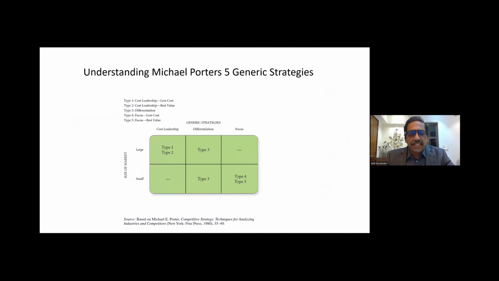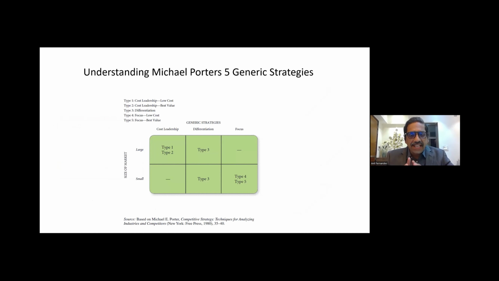If you look at this grid, you can see that it is a 3x2 grid. On the y-axis, you have representative markets in which organizations can do business. These can either be large markets or small markets or focus markets. So that's the y-axis for you.